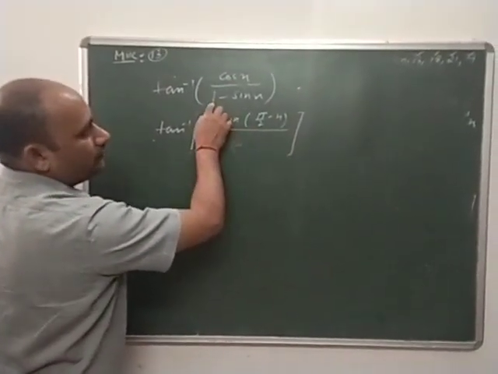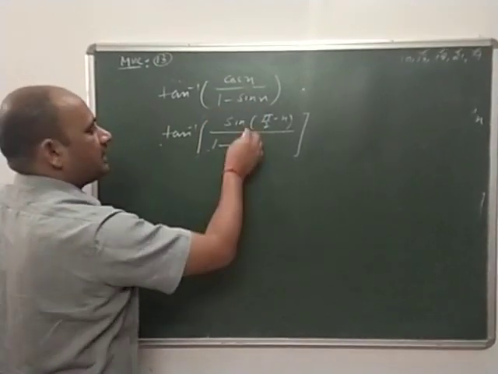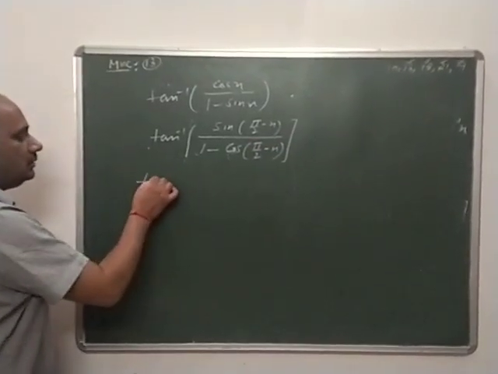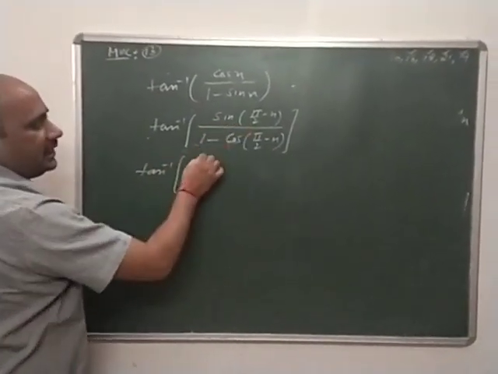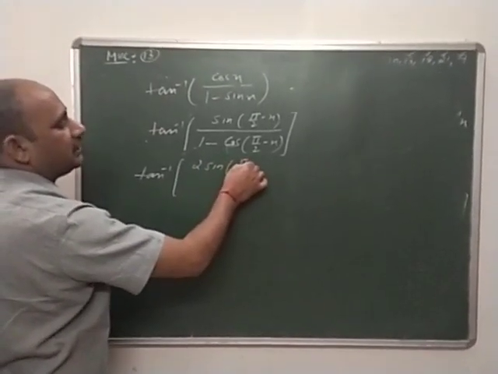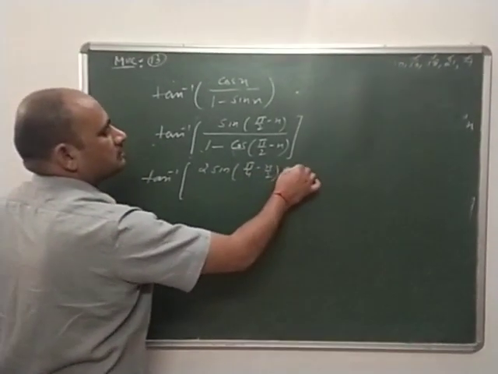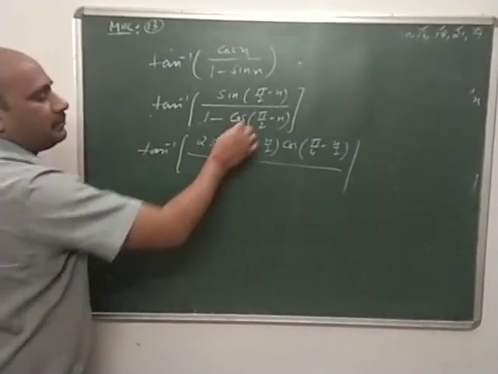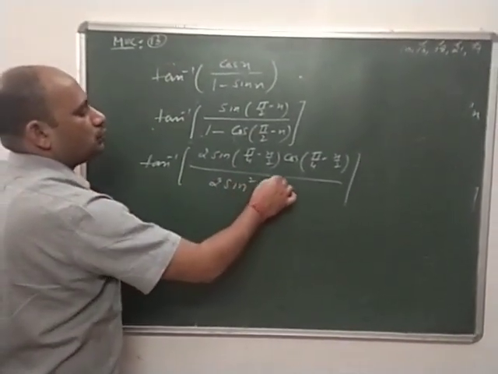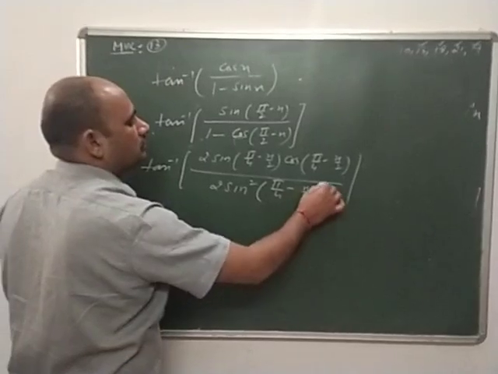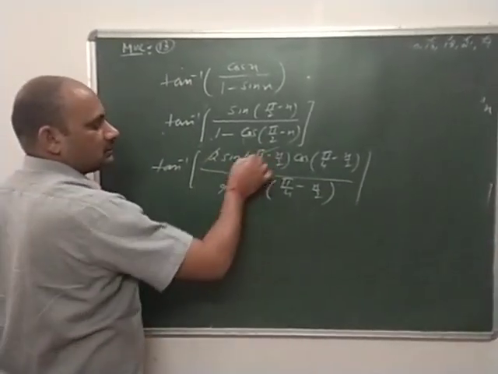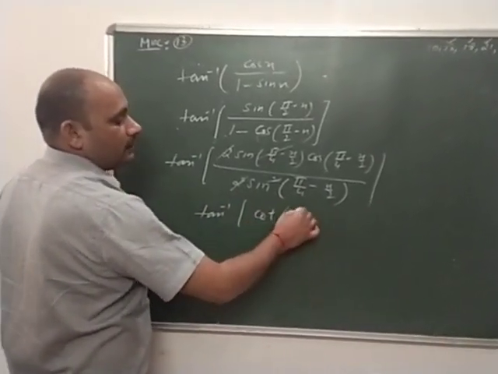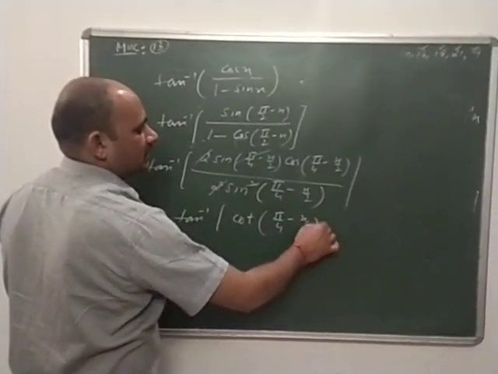And along with that, sin x changes into cos of pi by 2 minus x. You know sin theta is written as 2 sin theta by 2 cos theta by 2, and 1 minus cos theta is 2 sin square theta by 2. Cancel. Now cos by sin is cot of pi by 4 minus x by 2.